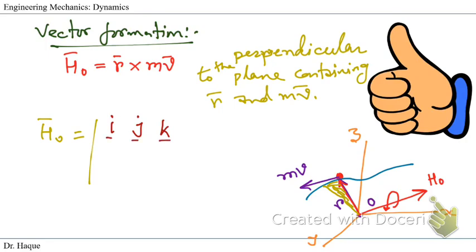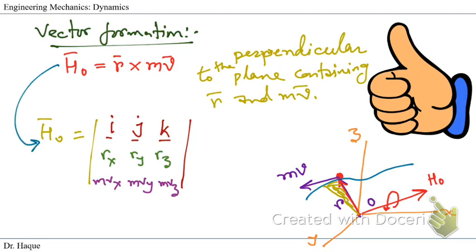These are all unit vectors, and rx, ry, rz, and mvx, mvy, mvz. So this is the matrix form of the vector formulation of the angular momentum.